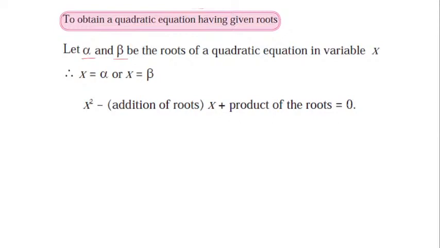In short, the formula is x square minus (alpha plus beta) into x plus alpha into beta, as alpha and beta are the roots of the quadratic equation. We have to remember this formula: x square minus (alpha plus beta) x plus alpha beta.